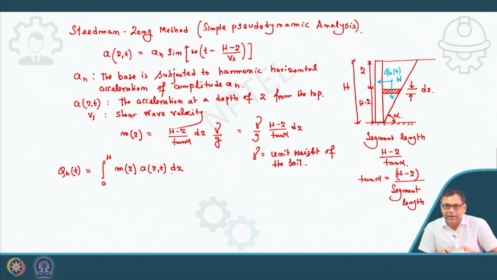If I integrate this, it will give the total inertial force acting on the wall. So, that QHT is the total inertial force acting on the wall.